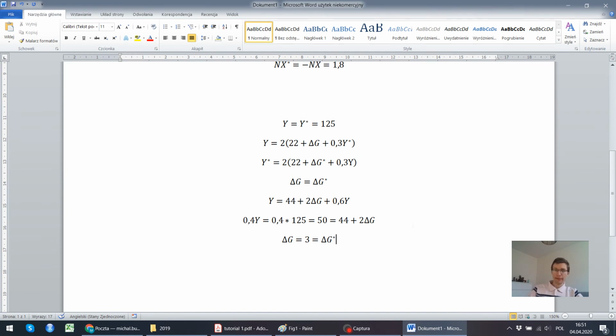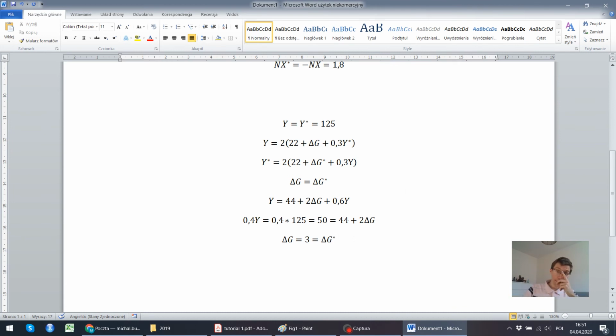So what is the economic interpretation of this particular result? Well, in order to increase equilibrium output in the home and in the foreign country simultaneously, those two countries have to coordinate on the fiscal policy by increasing governmental expenditures by 3 units, both of them at the same time.